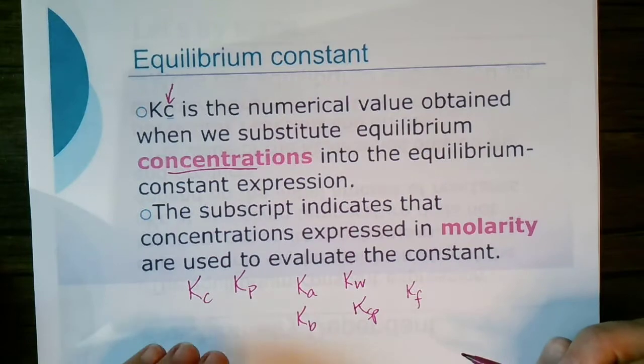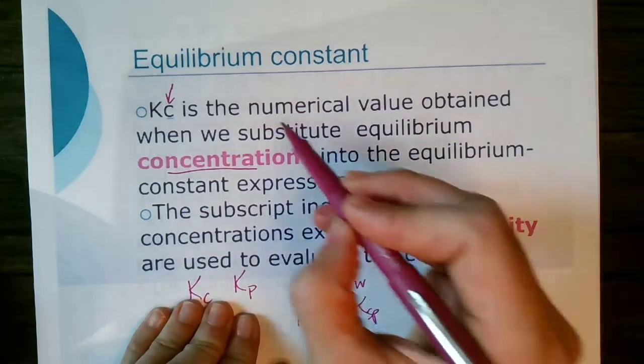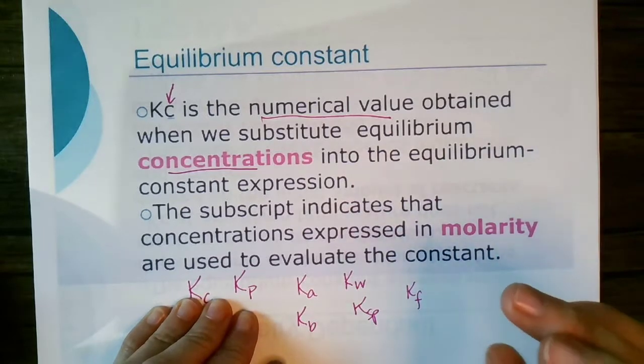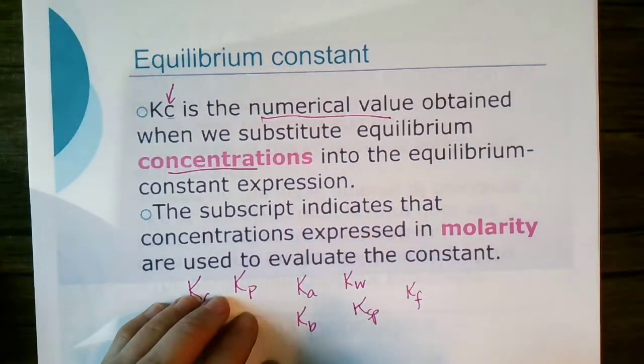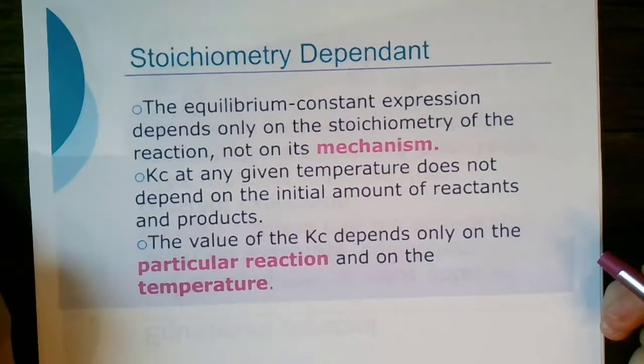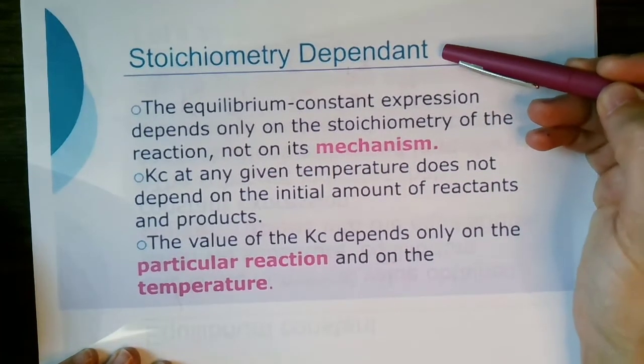So that constant that we will be finding is a numerical value. It does not have any units. It is a number, and we will look at that to see the magnitude of that rate of reaction. So again, it's stoichiometry dependent.